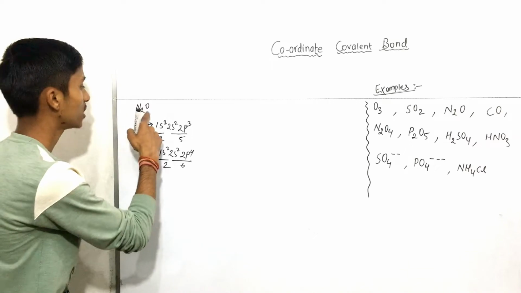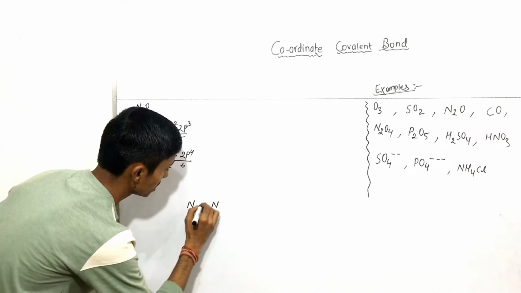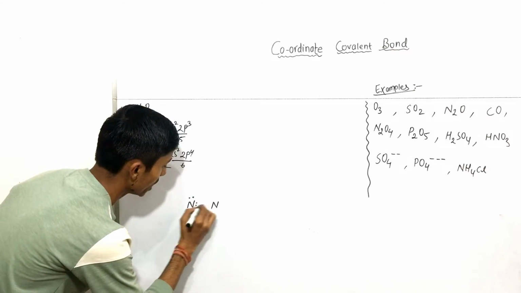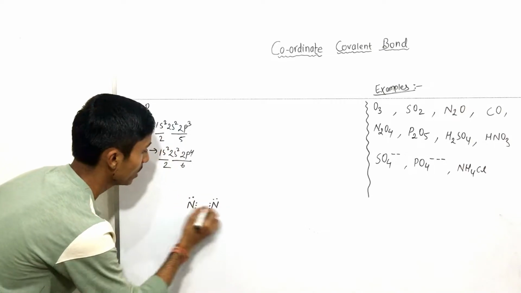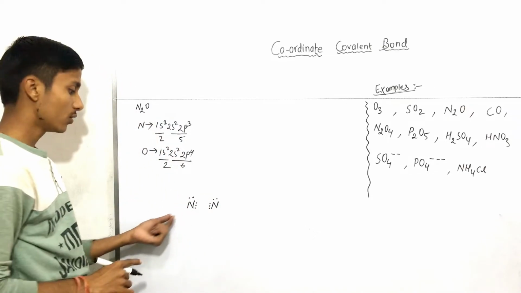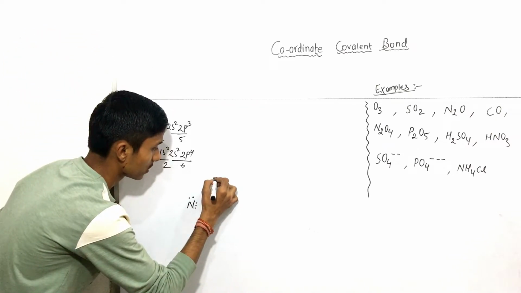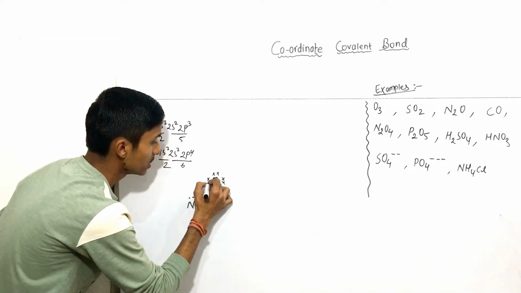So here 2 nitrogen atoms. So here we can see 1, 2, 3, 4, 5, 6, 7, 8, 9, 10. Here 5 and 5 valence electrons for the nitrogen atoms and here for the oxygen atom 1, 2, 3, 4, 5, 6.